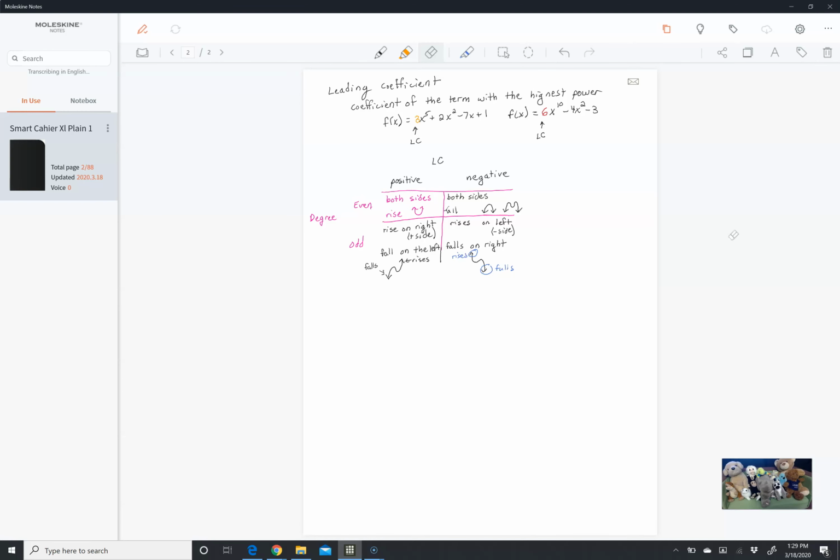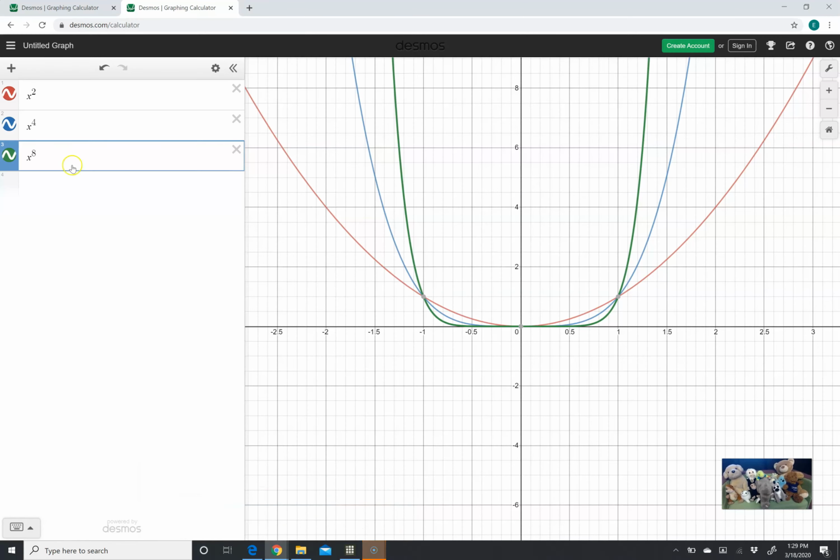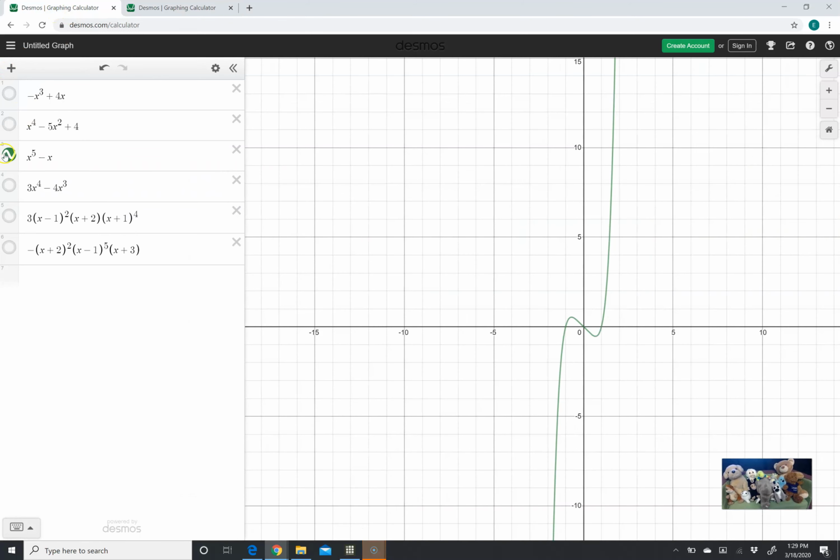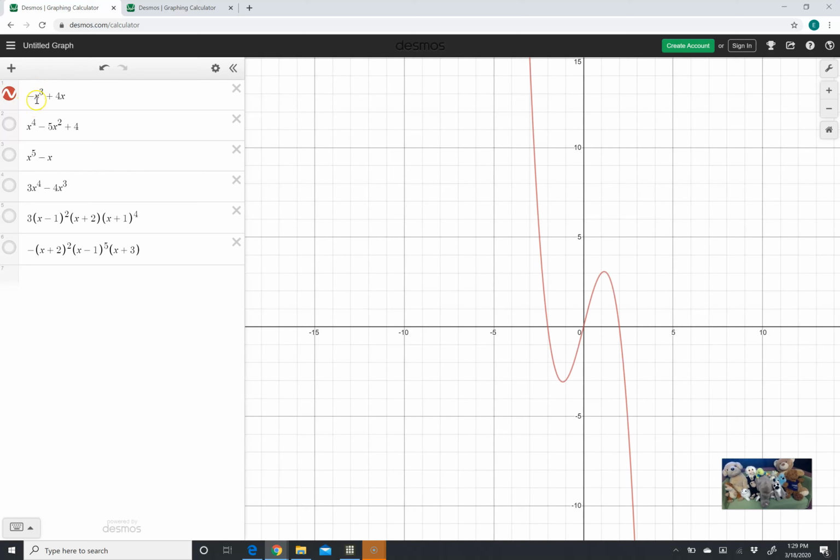Okay, so if we go back into Desmos, let's just take a look at some graphs of polynomials. So here you can see this is negative x cubed plus 4x. The leading coefficient is negative. It's a -1, and the degree is odd.